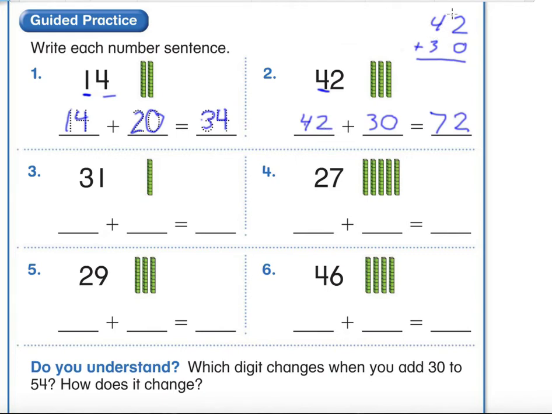I'm going to get a different color here to really show things. And I could say, what is 2 plus 0? Well, that's just a silly simple addition problem. That's just 2, right? And then 4 plus 3 is 7. We still get 72 either way.